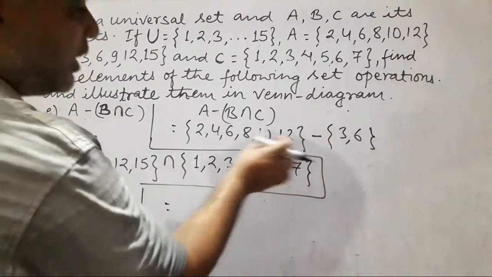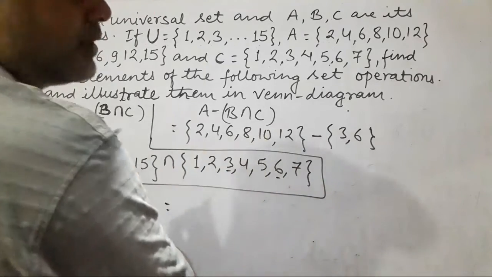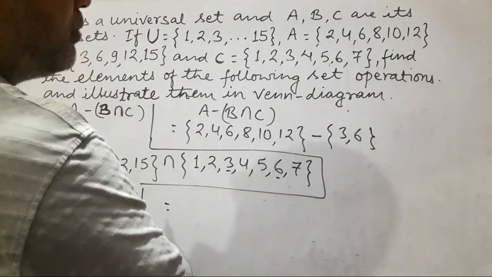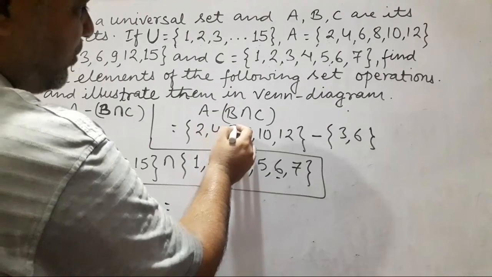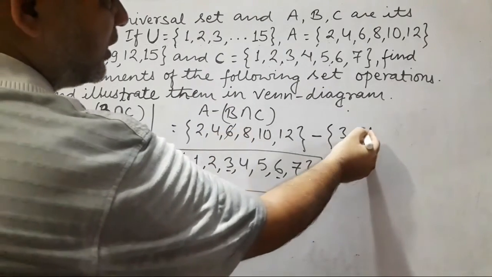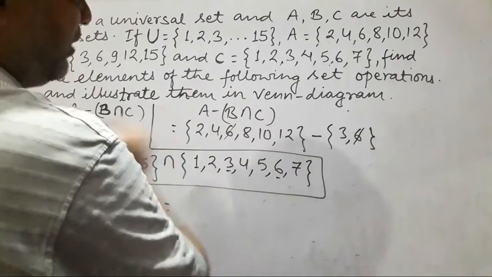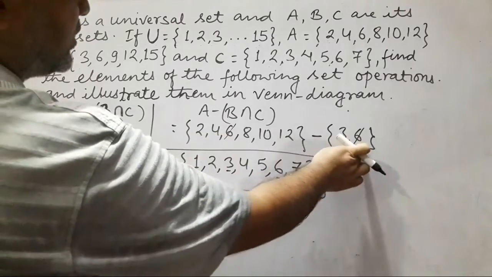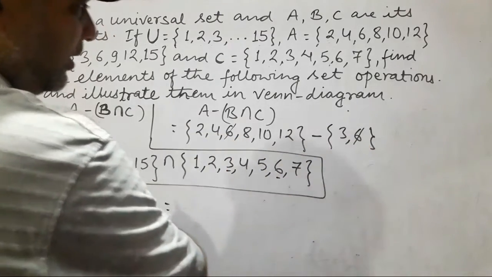Now as we know, when we do the difference of two sets, we cancel the common elements. So what are the common elements? Actually we will not cancel, but we will note that element. Okay, 6 and 6 are common elements, we cancelled in mind.